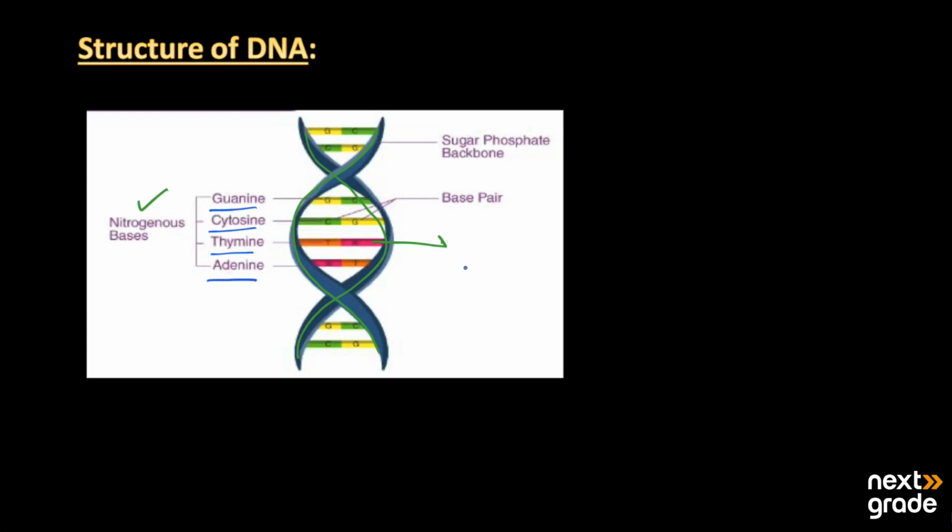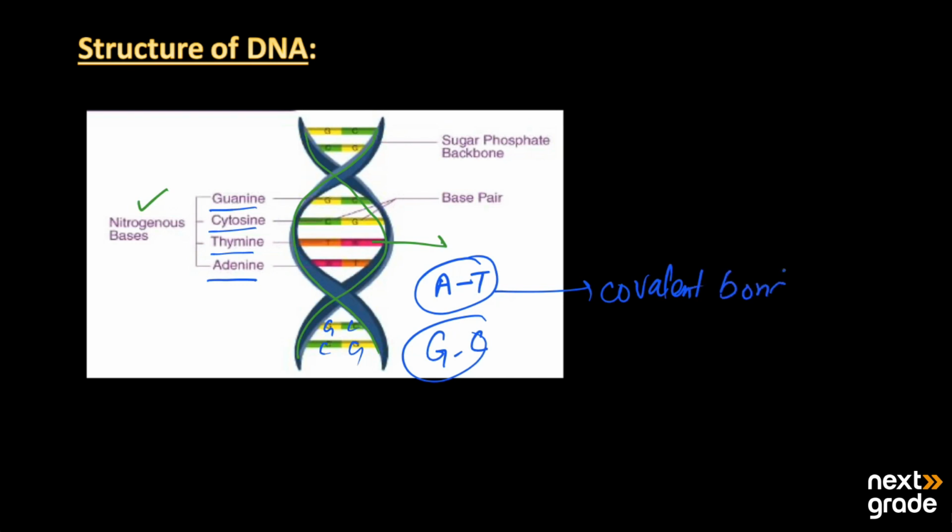Here, adenine combines with thymine, and guanine combines with cytosine. So here you can see guanine, cytosine, cytosine, and guanine. They are making bonds, and these bonds are going to combine the two strands.